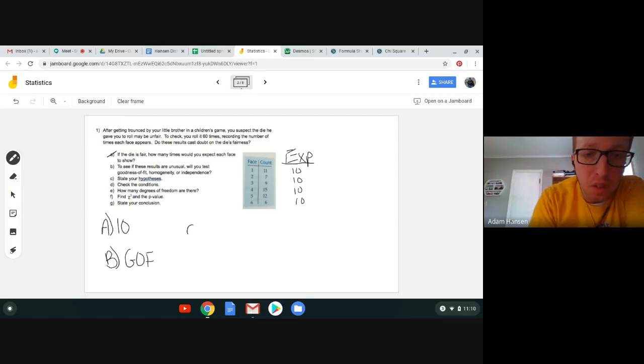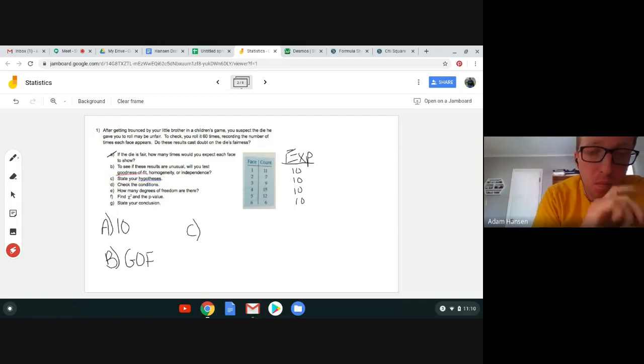Now for letter C, state your hypotheses. We have a null and alternative hypothesis.